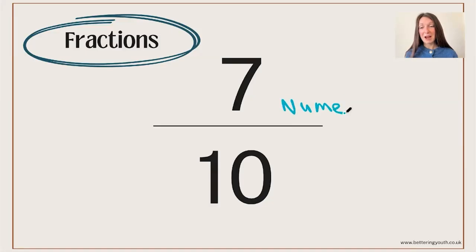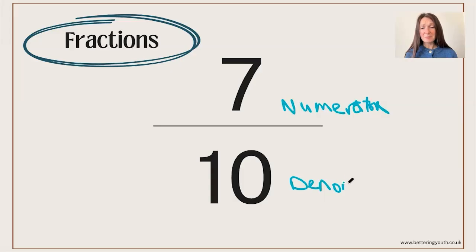So like I said, if you have your pencil and your paper with you, make sure that you're writing out these sections too, so that if you forget when we're no longer in lesson together, you have it in your notebook. Now we've got the number at the top known as the numerator. Now the one at the bottom is down under, so that one is the denominator.